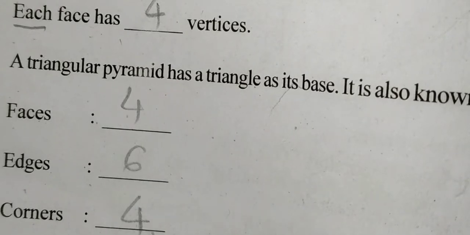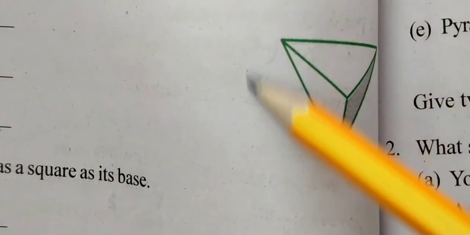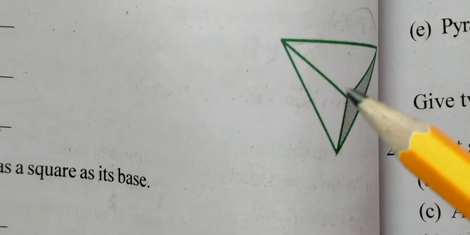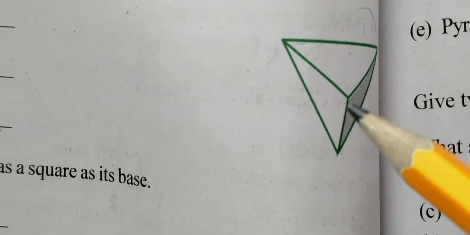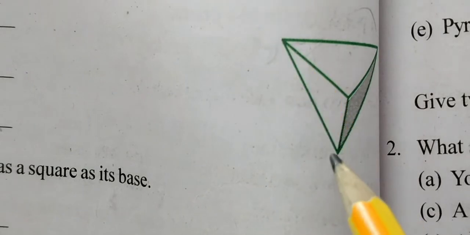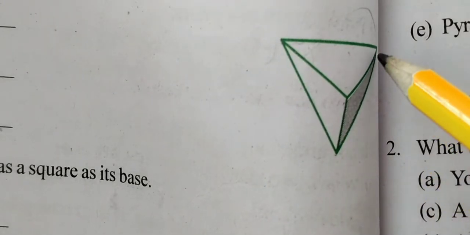And corners, how many corners? 1, 2, 3, 4 corners. Here you are talking about corners of the whole solid figure. You are not asked to find out only the vertices of the face. So you are going to count 1, 2, 3 and 4 corners.